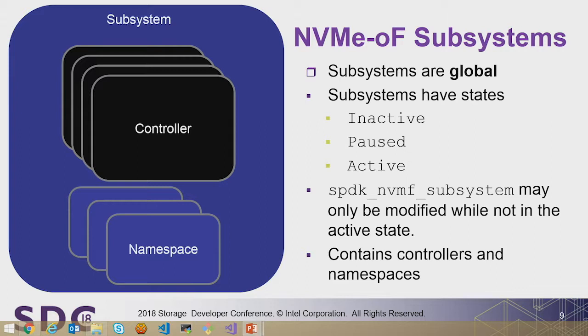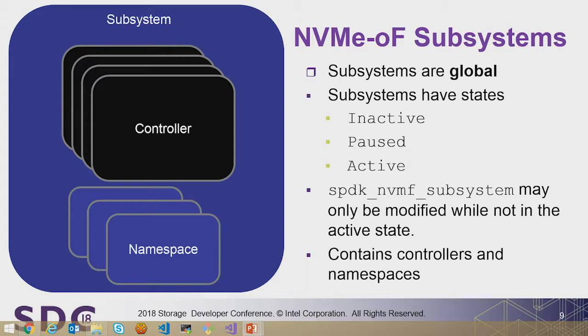You place a set of namespaces inside of a subsystem, and the reason you would do that is to control who can access it. A subsystem determines which hosts can access by their identifier. A subsystem itself has an identifier called an NQN, and it has a list of allowed hosts, which are also identified by NQN. I think it's NVMe Qualified Name.